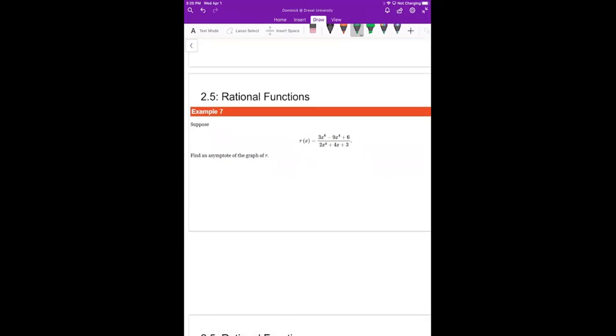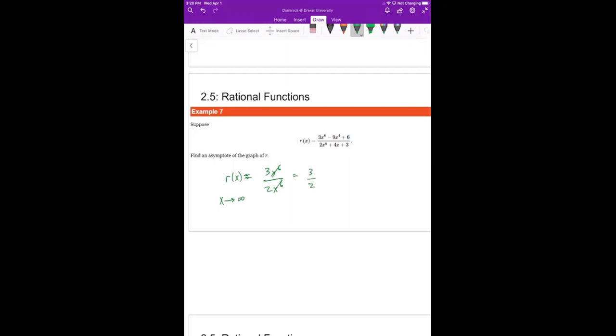if we look at r of x here, we know that when x goes to infinity, what matters is the highest degree term, so we get 3x to the 6th over 2x to the 6th. And of course, these cancel and we're left with 3 over 2.